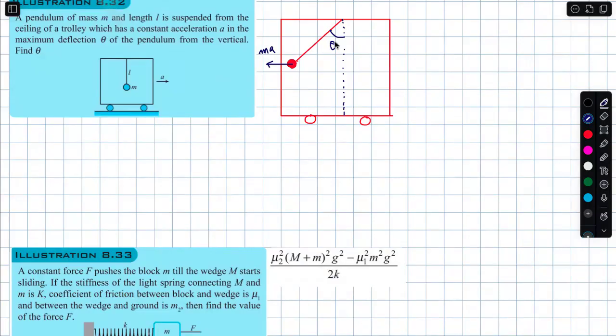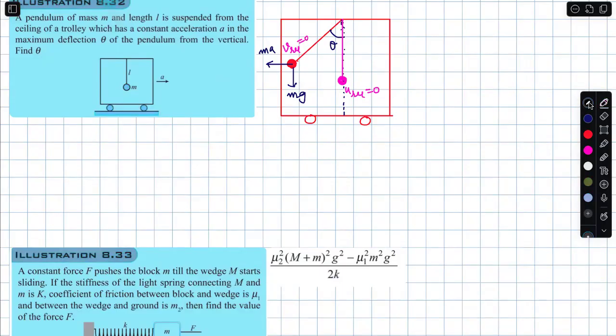There it comes to instantaneous rest. Remember when it started here, that time also U relative was 0. Here also V relative is 0. Initial velocity 0, final velocity 0.